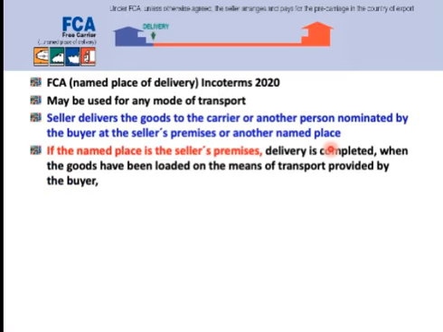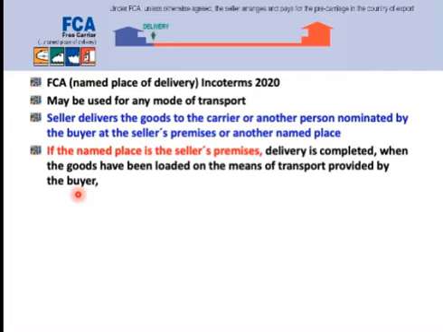If the named place, the delivery point, is the seller premises, the delivery is completed when the goods have been loaded on the means of transport provided by the buyer. Okay?